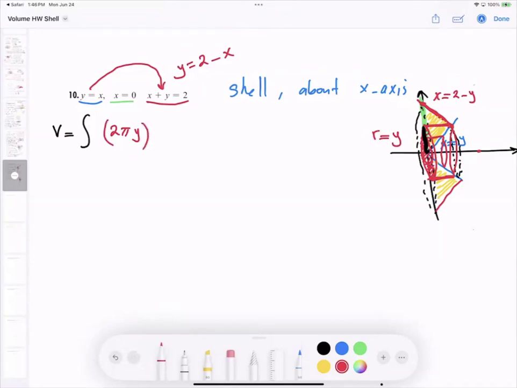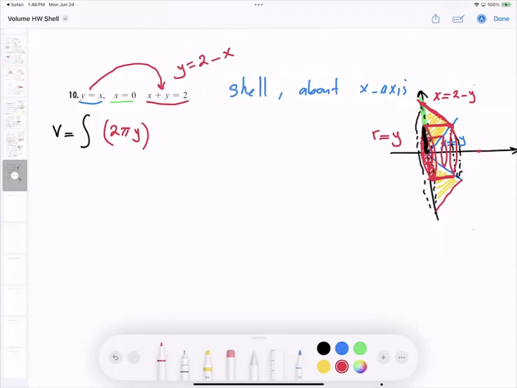And then for the height, again, you can find the larger volume using 2 minus y, then find the smaller volume using y. So this is 2 minus y minus 0, minus y minus 0.